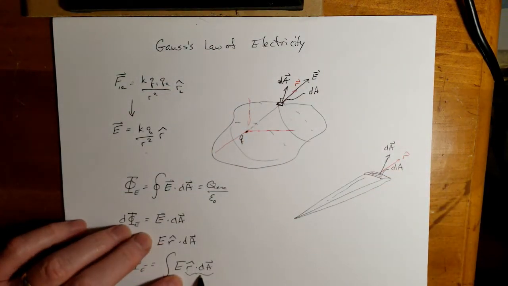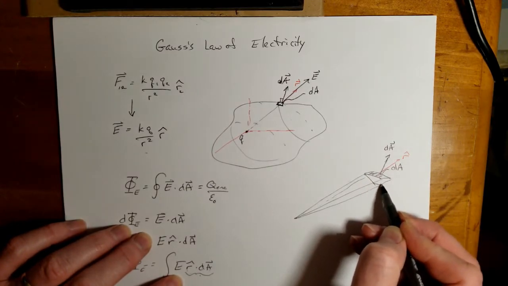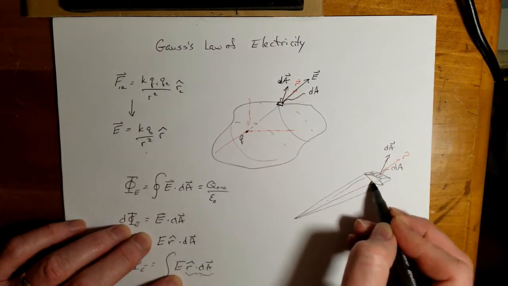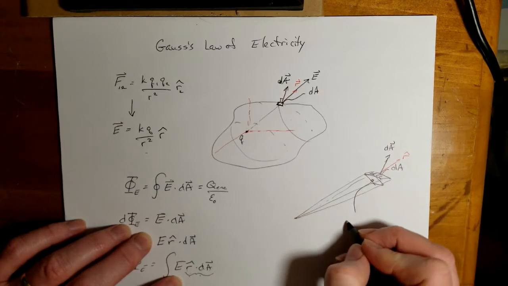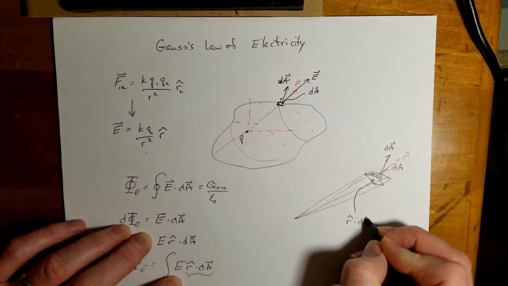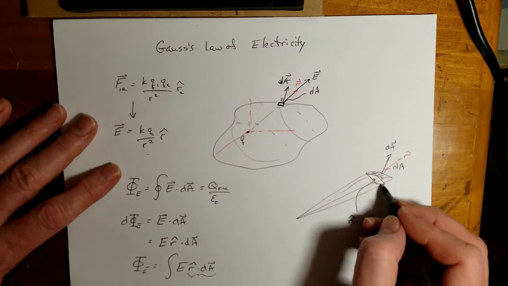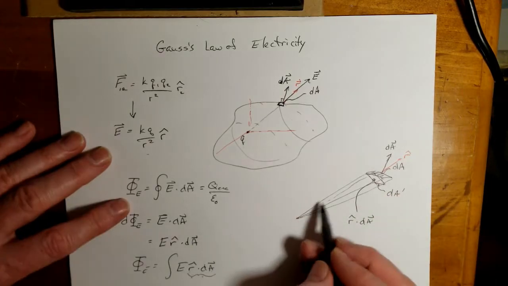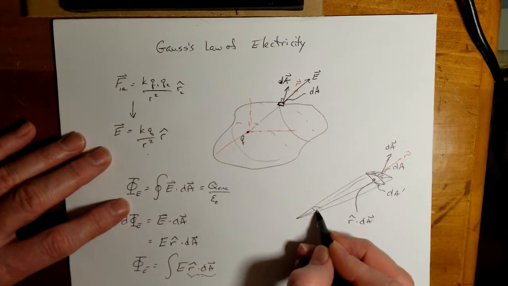So this is the projection along here. So that is r hat dot dA. So why don't we go ahead and make this bit right here, we'll call this dA prime. If I look at this tiny little piece right here, I basically have a solid angle.